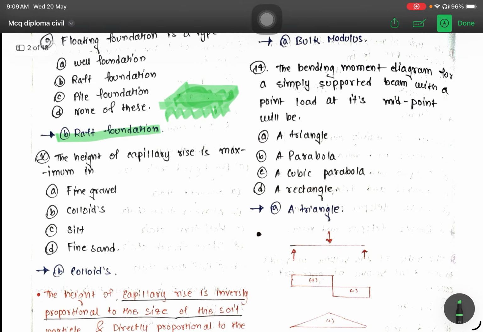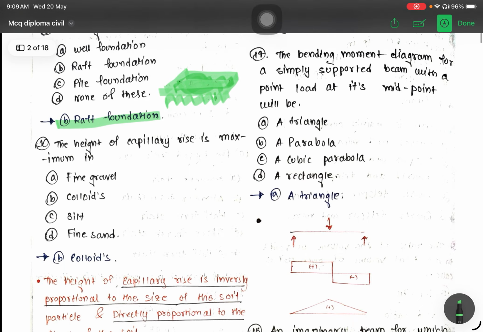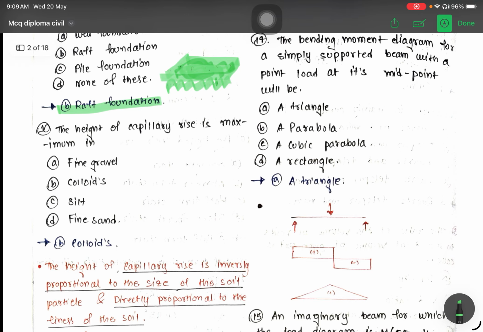The height of capillary rise is maximum in colloids. Colloids are very small particles, smaller than silt also. The size of the particle is related to the capillary rise.